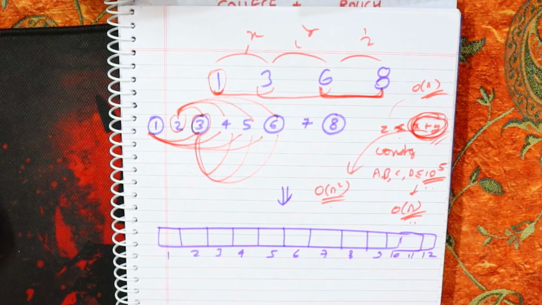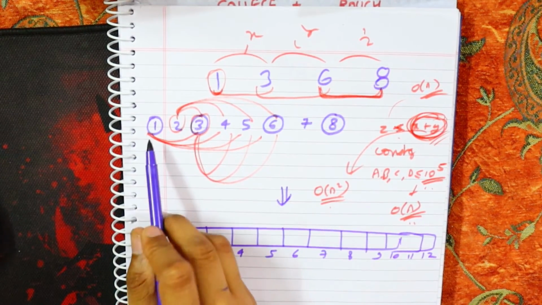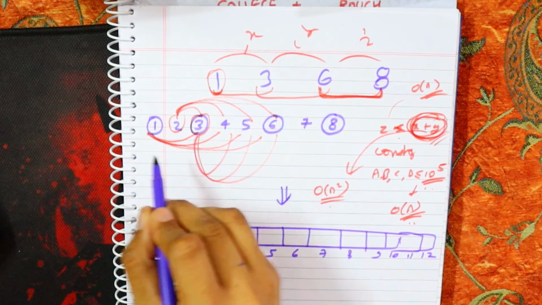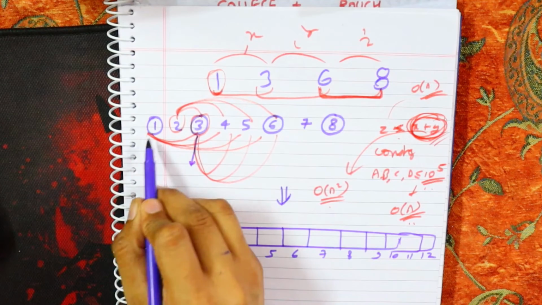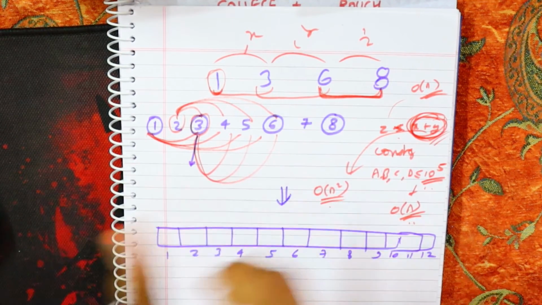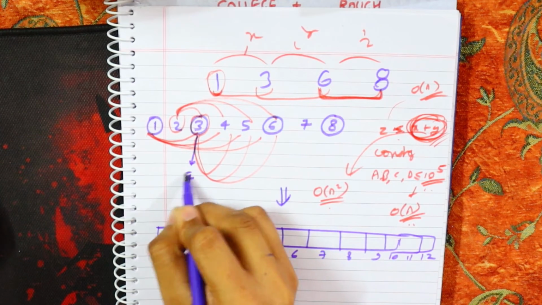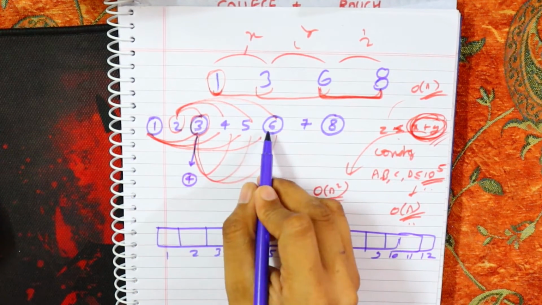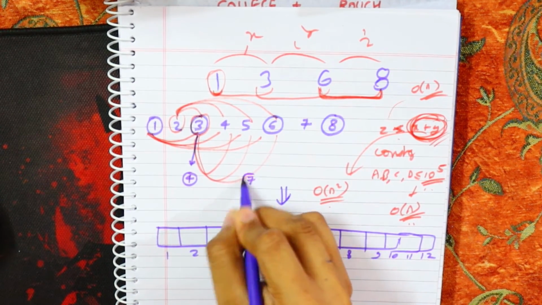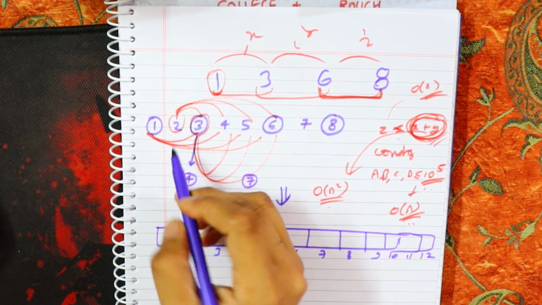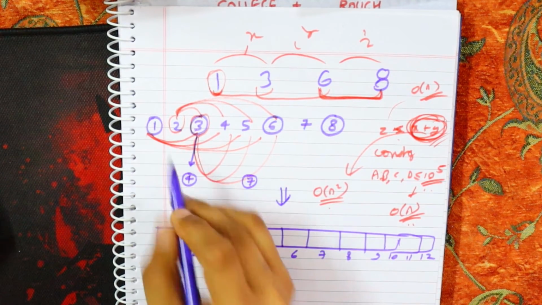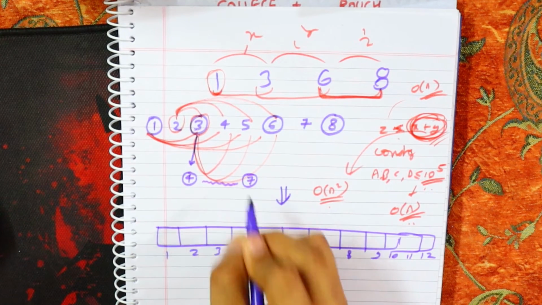I know that the first element will be 1 plus 3, which is 4, and the last element will be 6 plus 1, which is 7, and all the elements in between. Understanding?